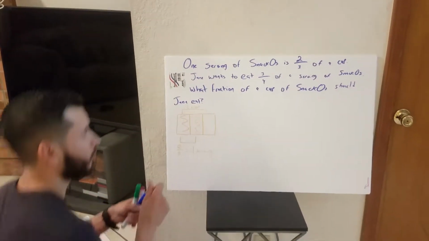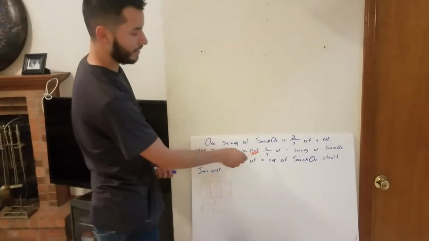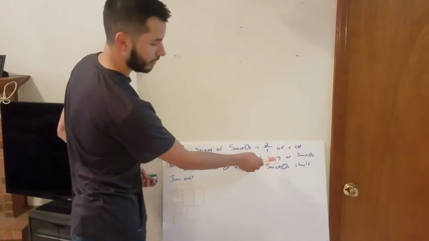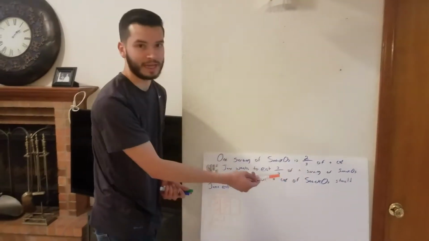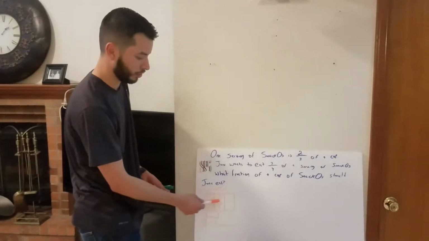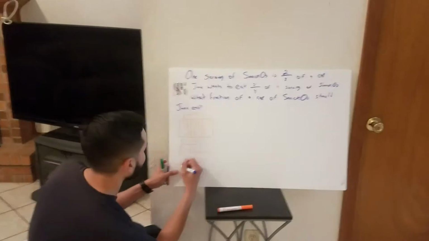Alright, let's go ahead and read the second sentence, see what it's asking. Jane wants to eat 3/4 of a serving of Snackos. Okay, so the wording here of a serving indicates that our whole changes to the 2/3. That's our new whole. Let's go ahead and draw that so you guys can see it.